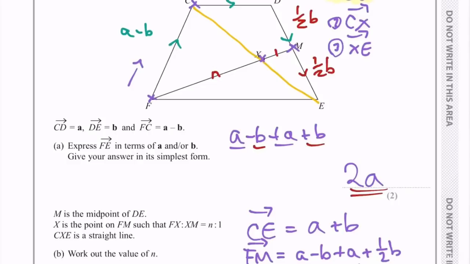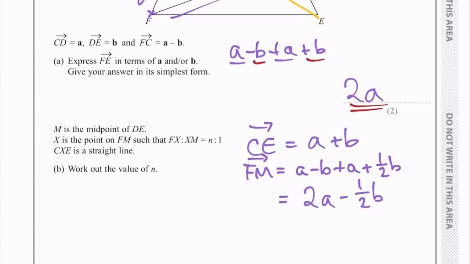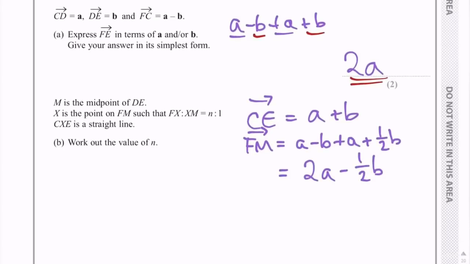There's lots of different ways of moving through this. So I'm going to move down here, and then I'm going to go up this line. So I'm going to go the reverse of A minus B, so that'd be minus A plus B. If we do the reverse of that, let's write that down over here, C to X.